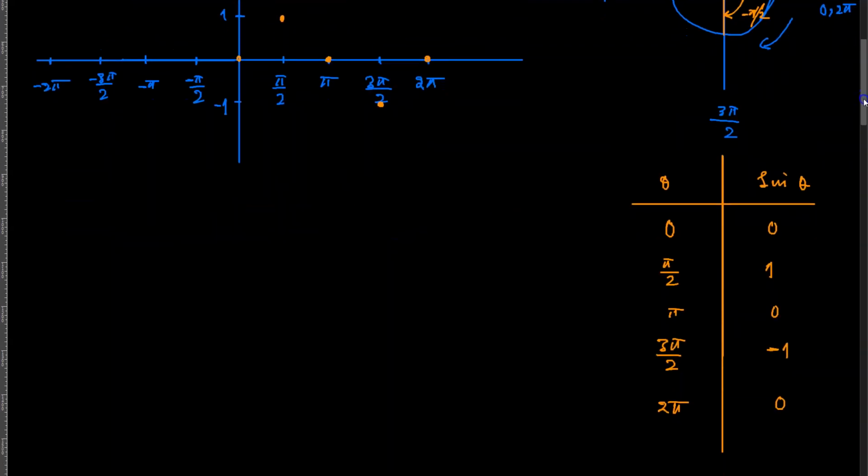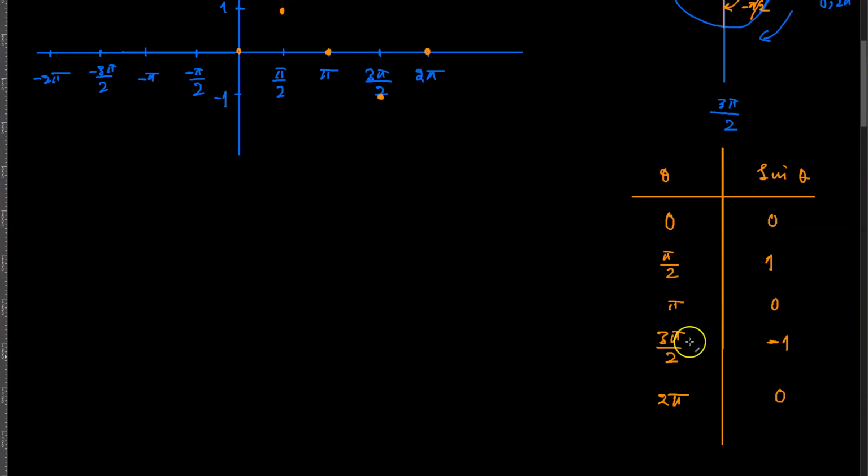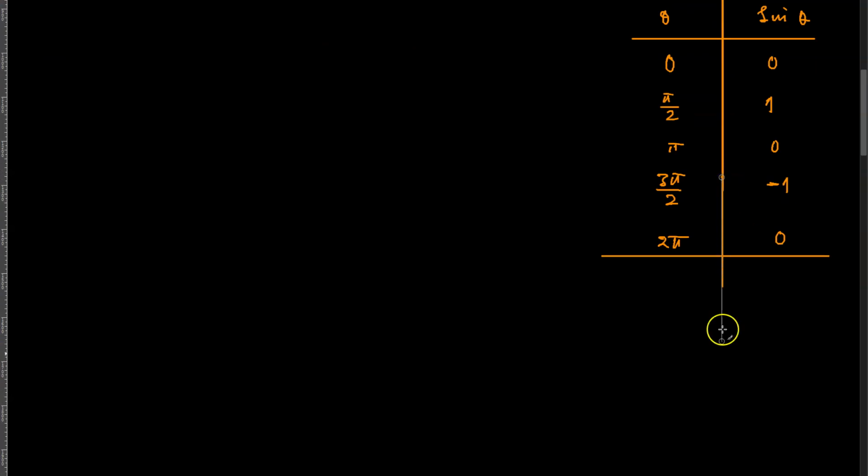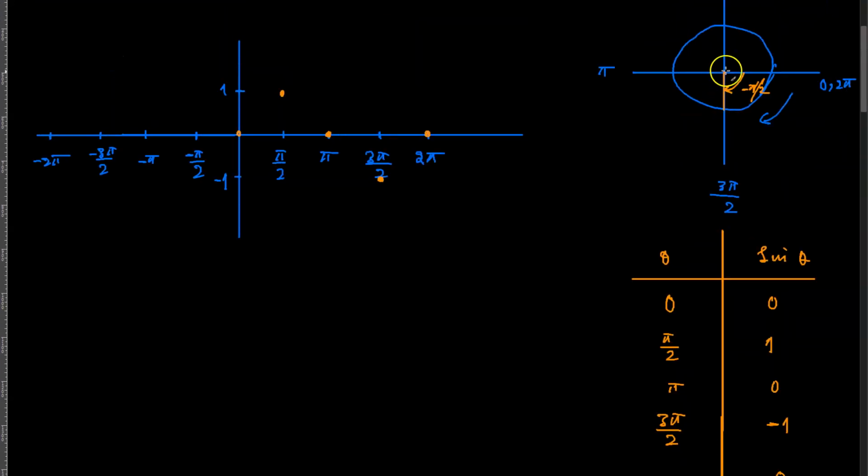So you can say that if I were to extend this table a little bit, the sine of negative pi by 2 is the same thing as the sine of 3 pi by 2, and the reason is that the angles are coterminal. It doesn't matter in how many ways you go around the circle, or in which direction.